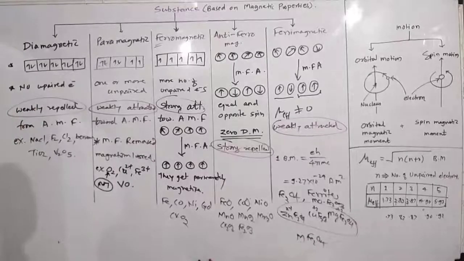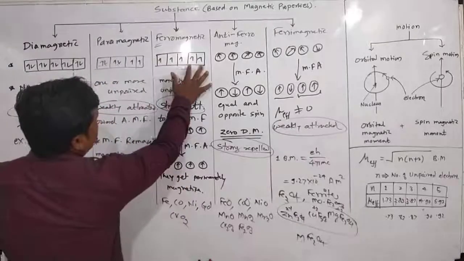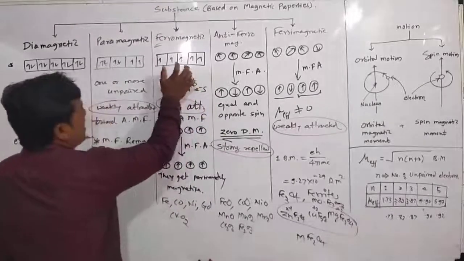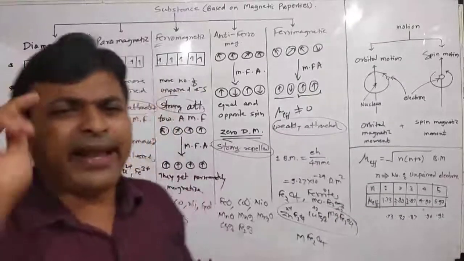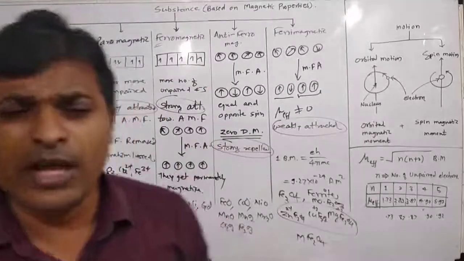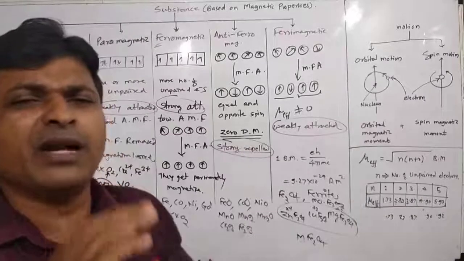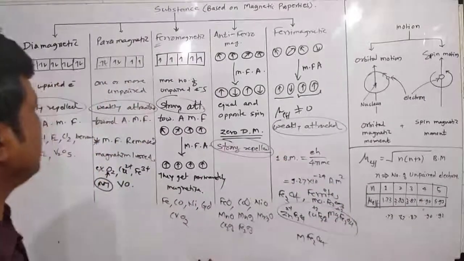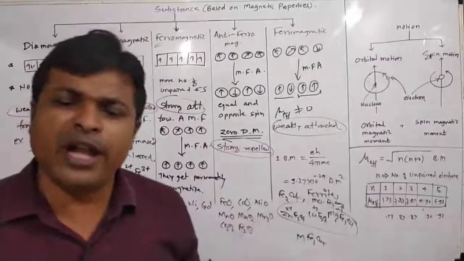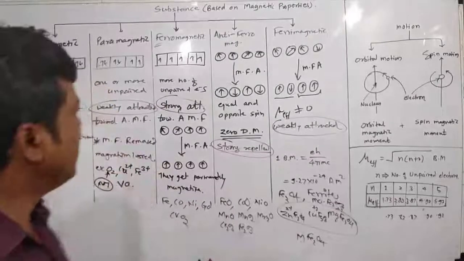And what about ferromagnetic substances? Ferromagnetic substances are the substances which have a large number of unpaired electrons, and they get permanently magnetized once a magnetic field is applied.